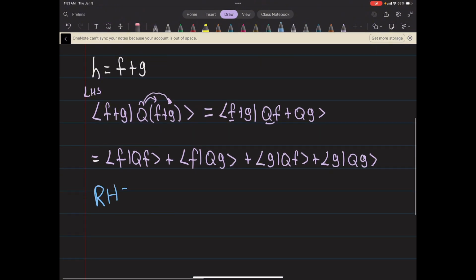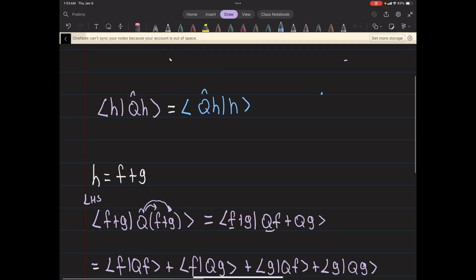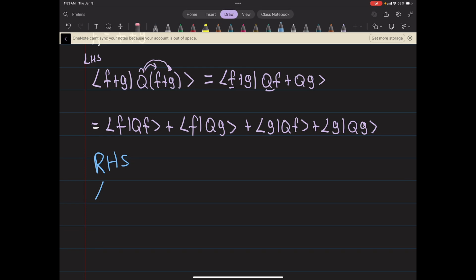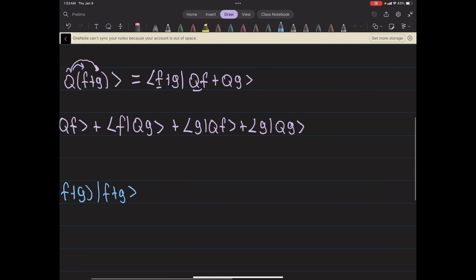Okay, so on the right hand side we have Q acting on f plus g, that's in the bra, and we have our ket here. And it more or less works out to something very similar. Just distributing that Q operator like such.